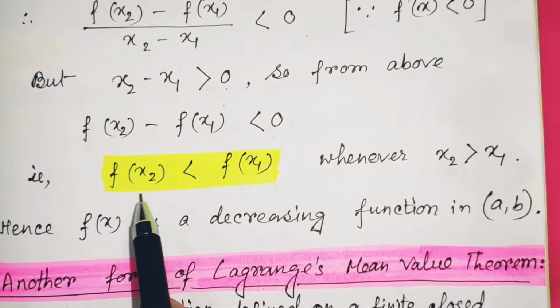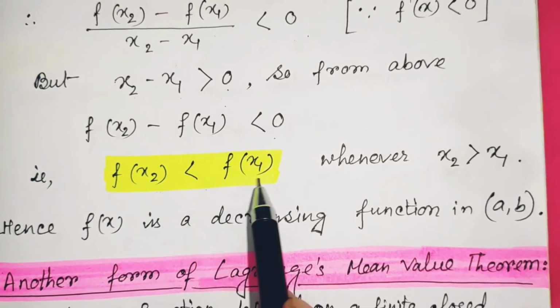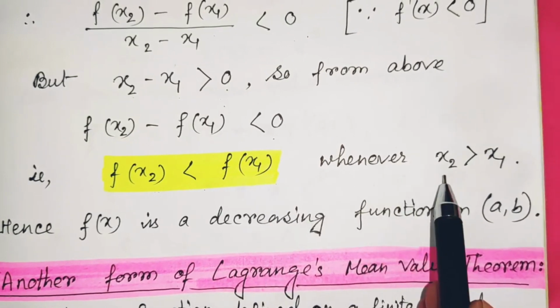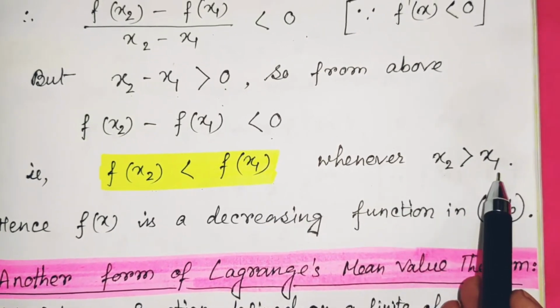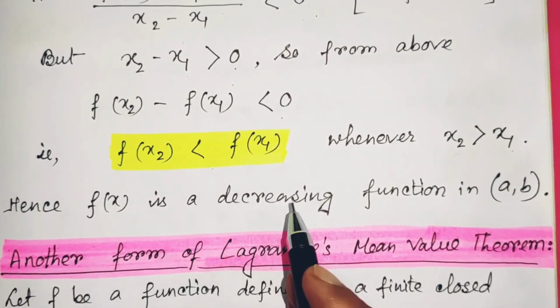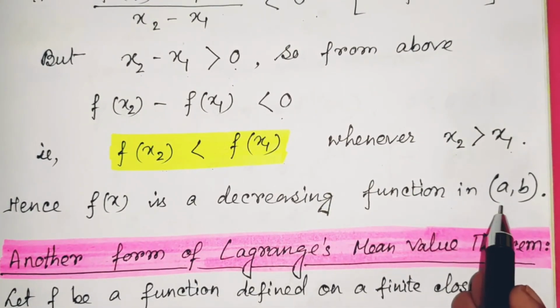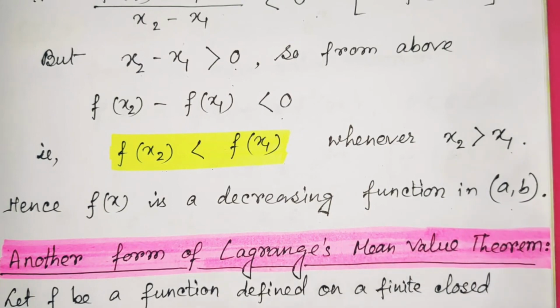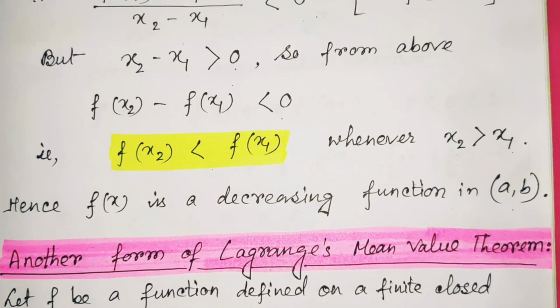That means f of x2 is less than f of x1 whenever x2 is greater than x1. Hence, from here we can conclude that the given function is a decreasing function in ab. I hope you understand all those questions. Now, we are going to give one more different form of the Lagrange mean value theorem.